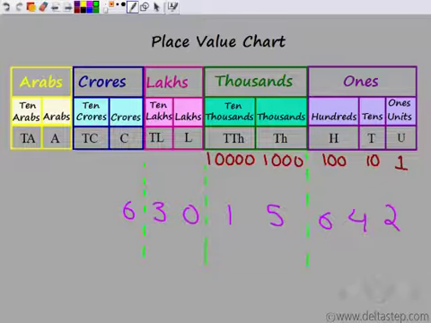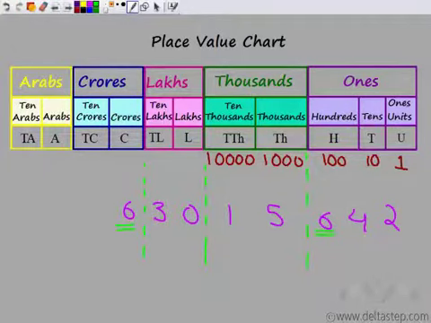So you can see that this is 6 crores, 30 lakhs, 15 thousands, 642. What you can see is that you've written 6 here also, and there's another 6 here.